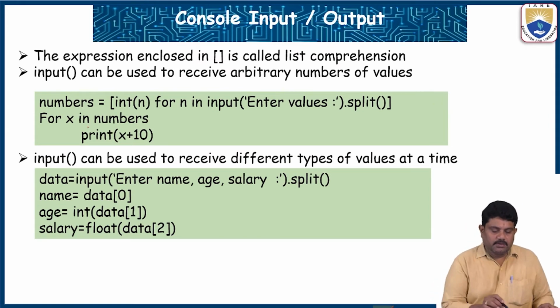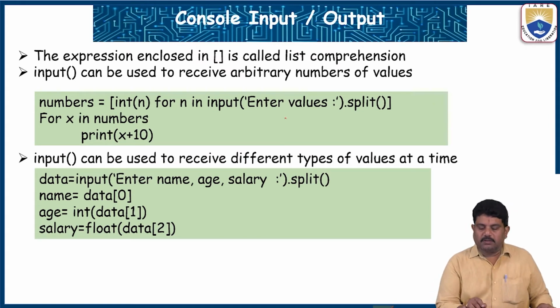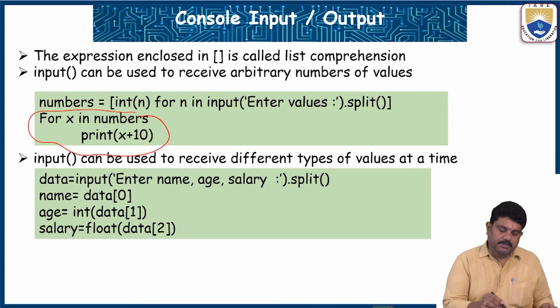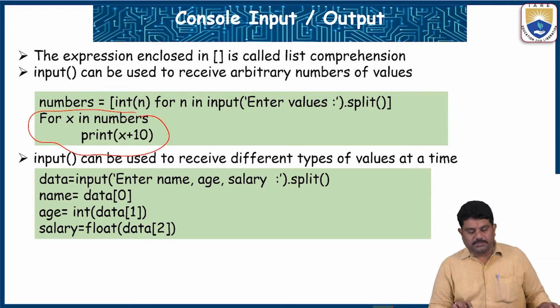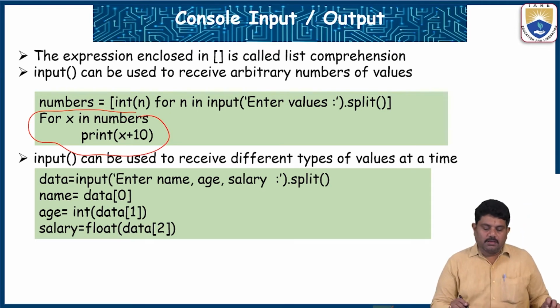See here another one: numbers equal to int of n for n in input, enter values, split, for x in numbers, print x plus 10. Here I am using a for loop for printing and performing the operations. For example, here I enter 1, 2, 3, 4 as an input.